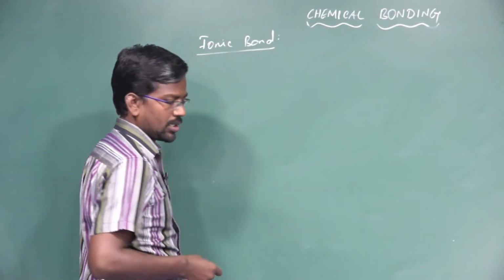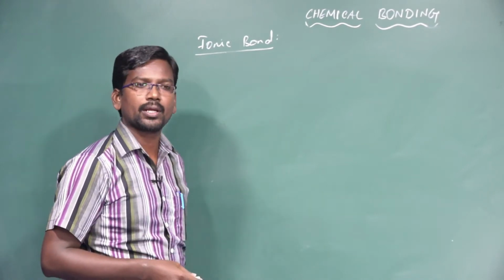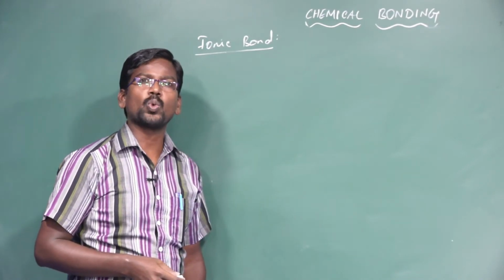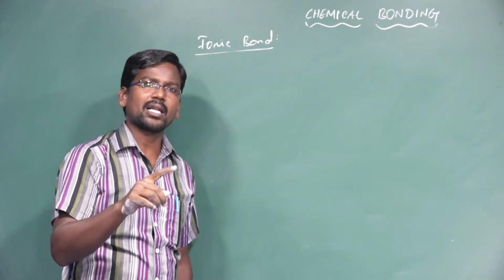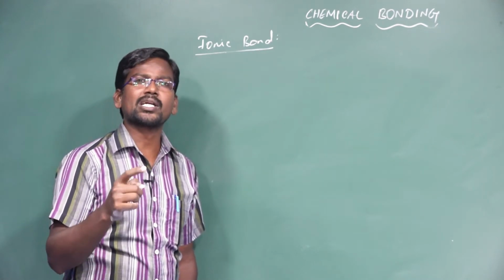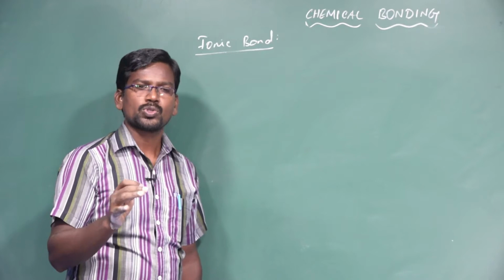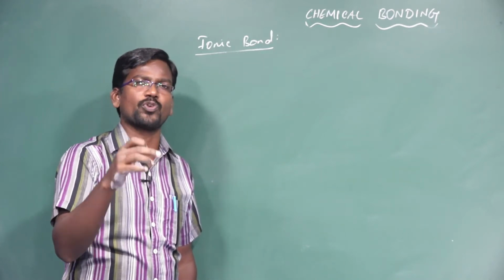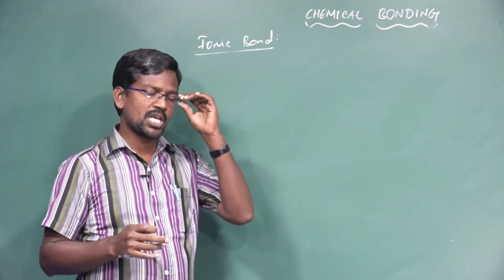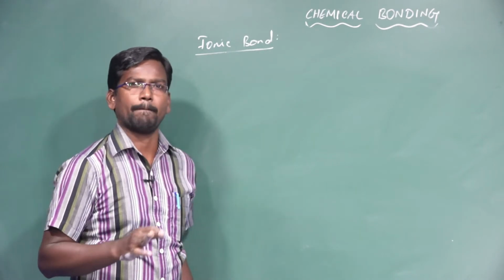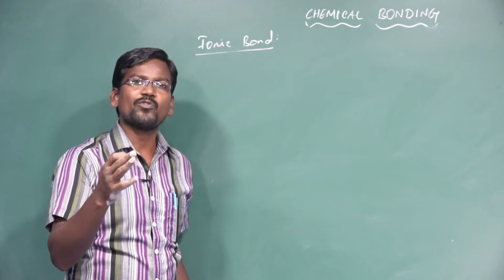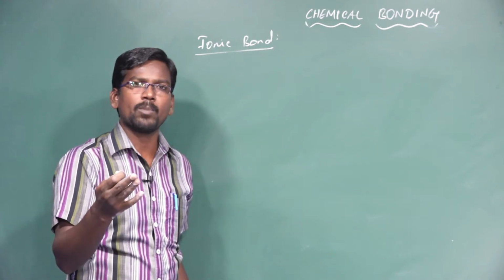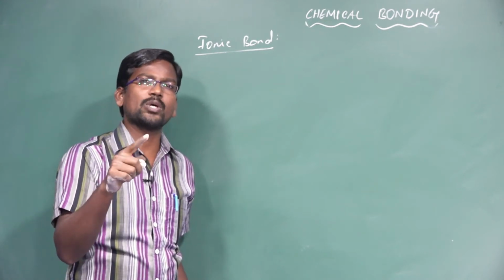In chemical bonding, an ionic bond is formed between two atoms, a cation and an anion, due to electrostatic force of attraction between the positive charge and the negative charge. An ionic bond is formed when two or more valence electrons transfer from the valence shell of one atom to the valence shell of another atom.